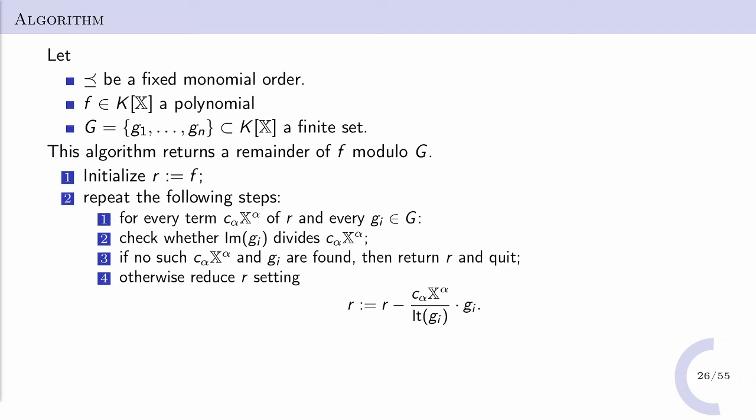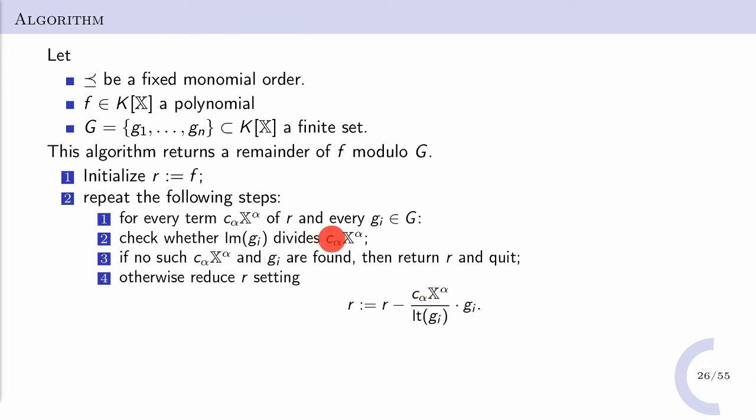If a leading monomial of the polynomial Gi divides a given term of R, then we just reduce it. So if we find a term of R which is divisible by the leading monomial of one of the polynomials here, we just reduce R, we replace R by this reduction by a single step.